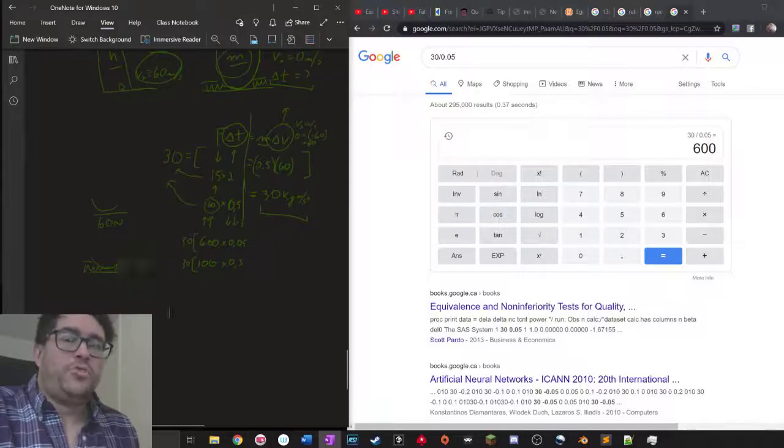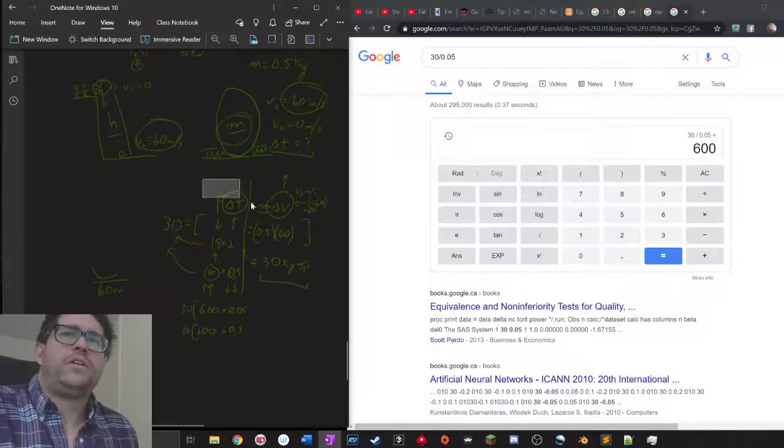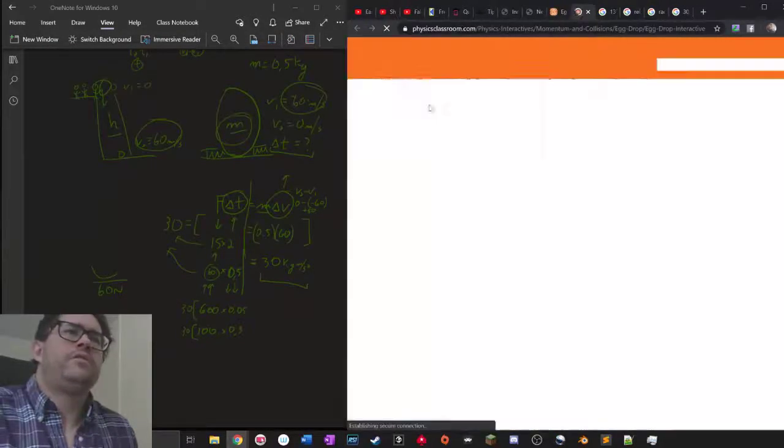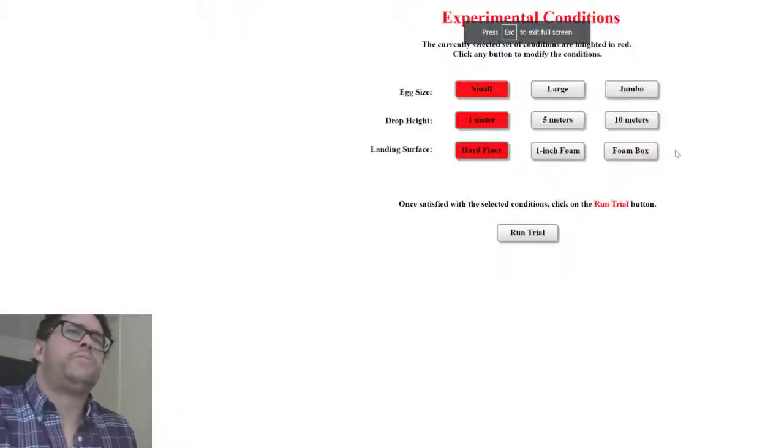This is not something I'm familiar with, so I've never done this experiment myself, but you can see a little more of what's happening. Here, you click here, open this up. A small egg, drop 1 meter. I know you can't see. Landing surface, hard floor.